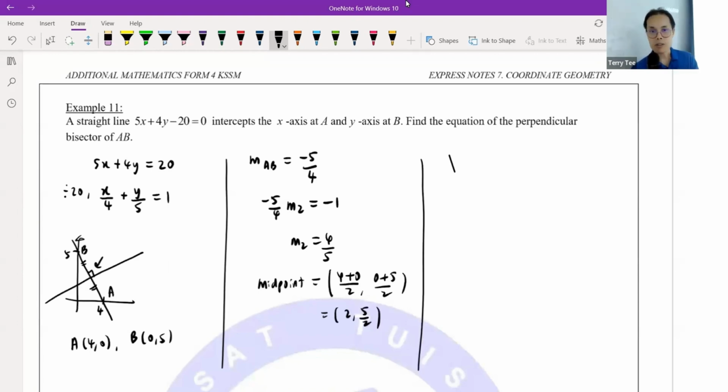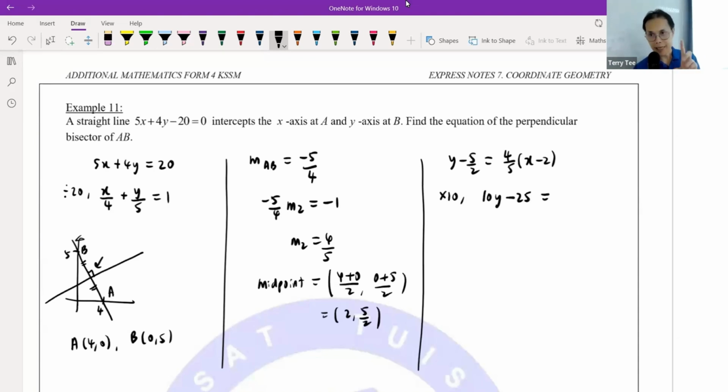Now, let's form the equation then. y minus y1 equals to m. What's your m? 4 over 5, x minus x1. So now if you find that this number is very annoying, you don't like fraction, you can just multiply everybody by 10. So when I times 10, this is 10y, 5 over 2. The 10 cancel with 2, left with 5, 5 times 5, 25.